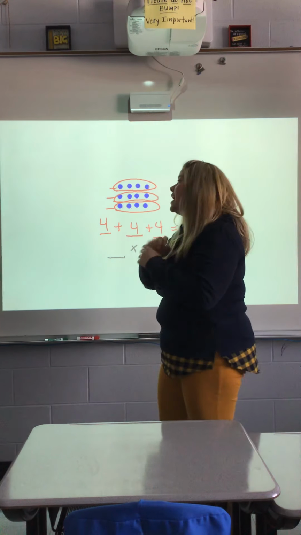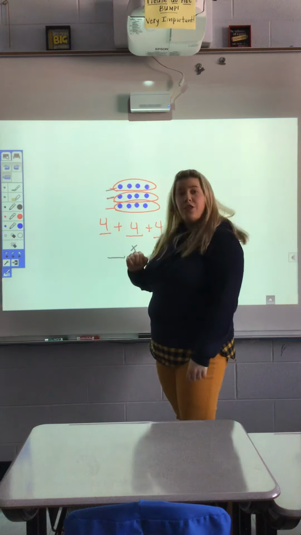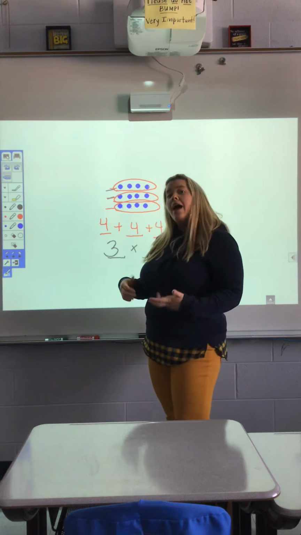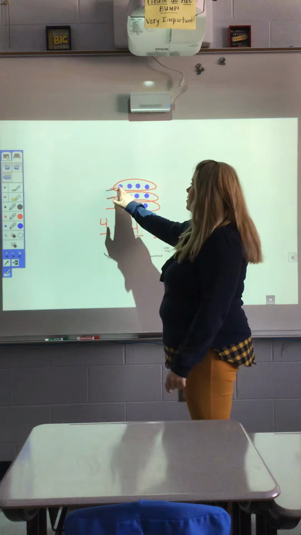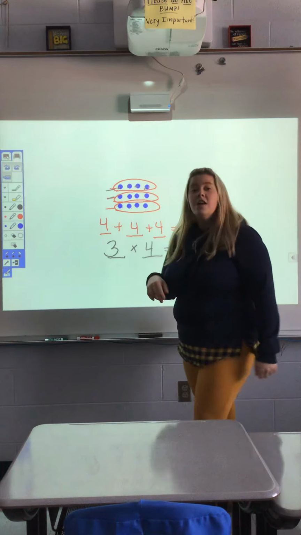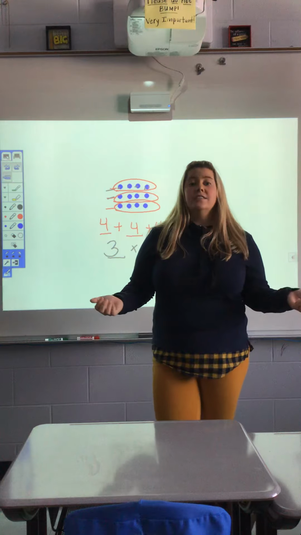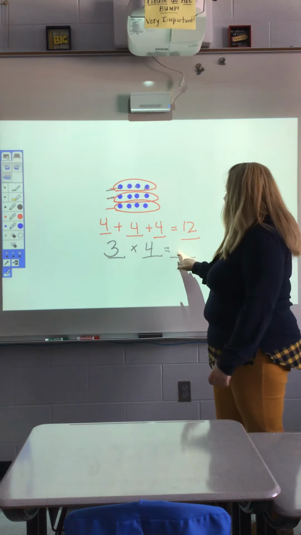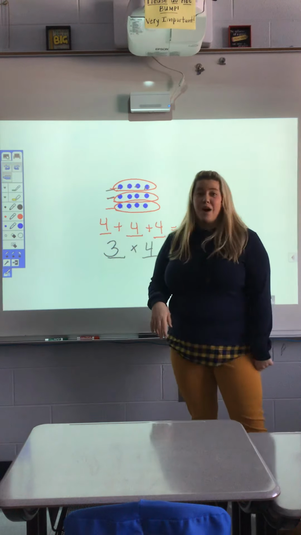So how many rows do I have? 3. So my first blank is a 3. How many are in each row? 4. My second number is 4. So my multiplication fact says 3 times 4 equals, and I already counted, I know, it's 12.